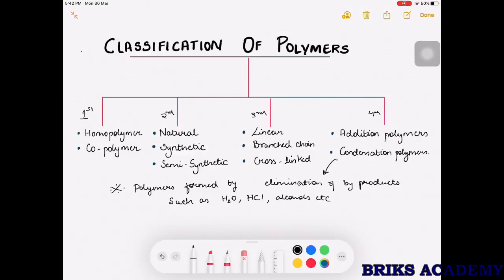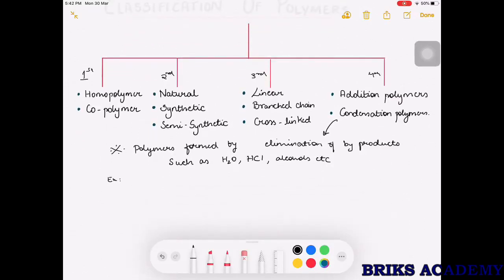Let us consider an example of a condensation polymer. For example, consider n moles of hexamethylene diamine, which would react with n moles of adipic acid to form nylon 6,6 and gives out H2O as a byproduct.